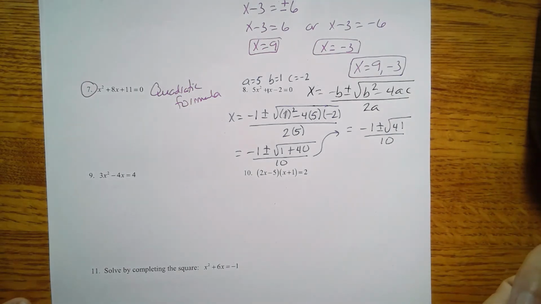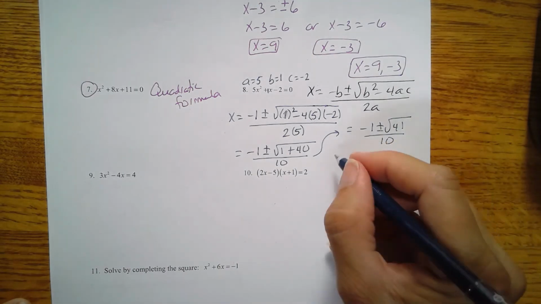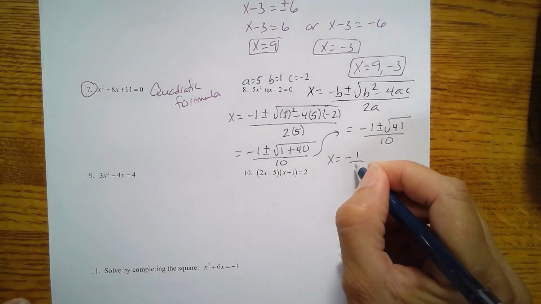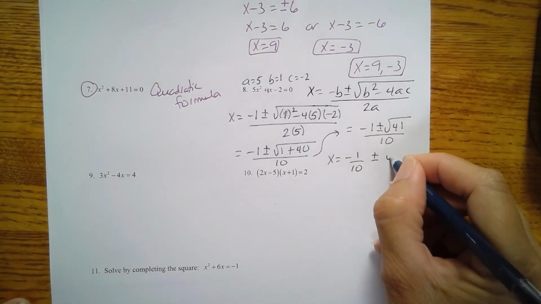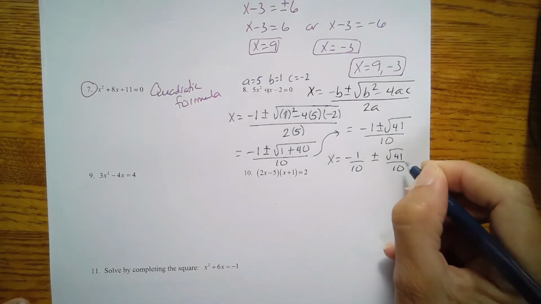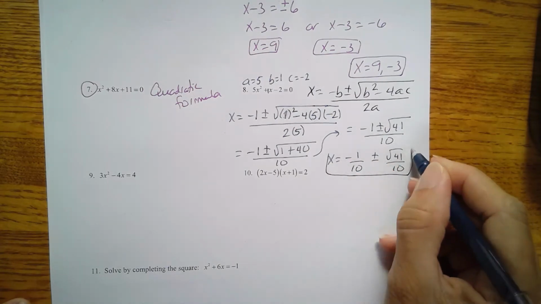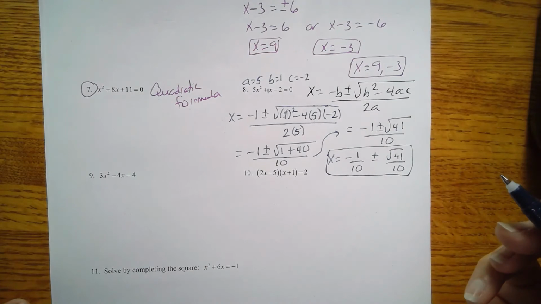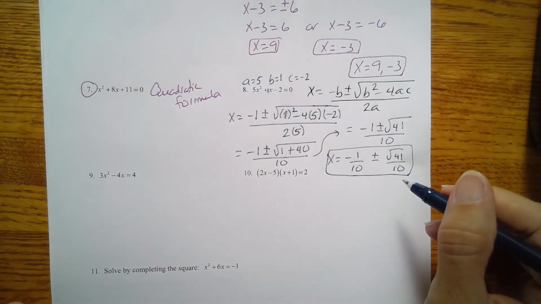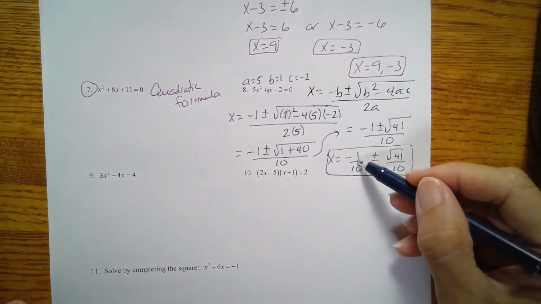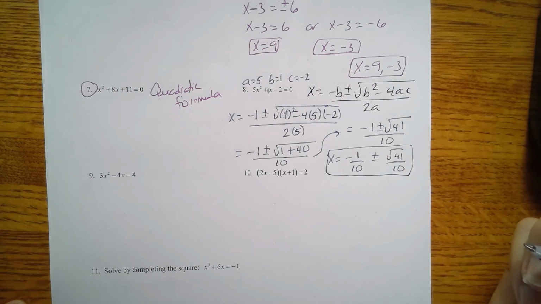I would like for you to separate your answers. So x would be negative 1 over 10 plus or minus square root of 41 over 10. I'd like for you to separate your terms because that's going to help you later on when we get into can we simplify, do we simplify, and so forth. So try and separate. Even when separating, we cannot reduce, so we are done with that problem.